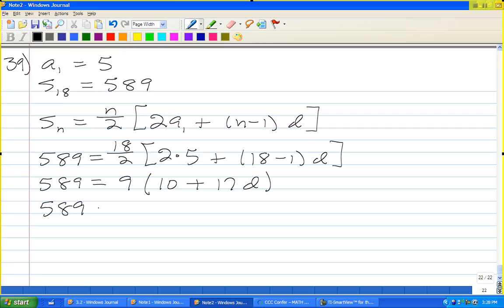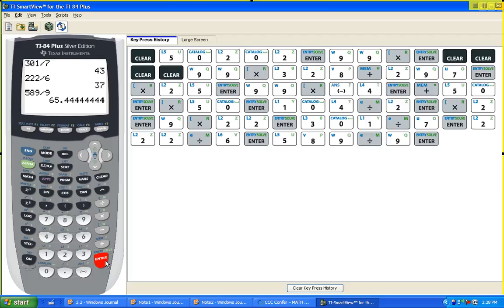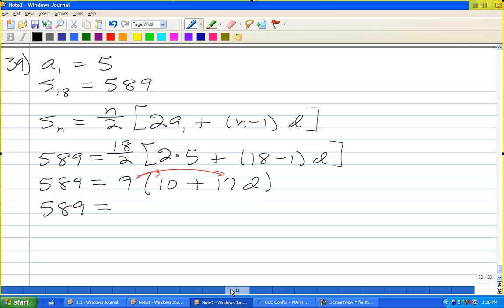So 589 is equal to multiplying 9 inside the parentheses, 90 plus 17d. Subtract 90 from both sides of your equation.